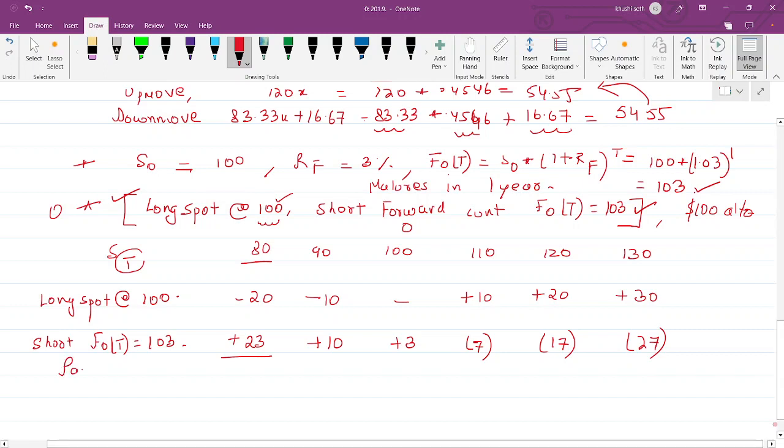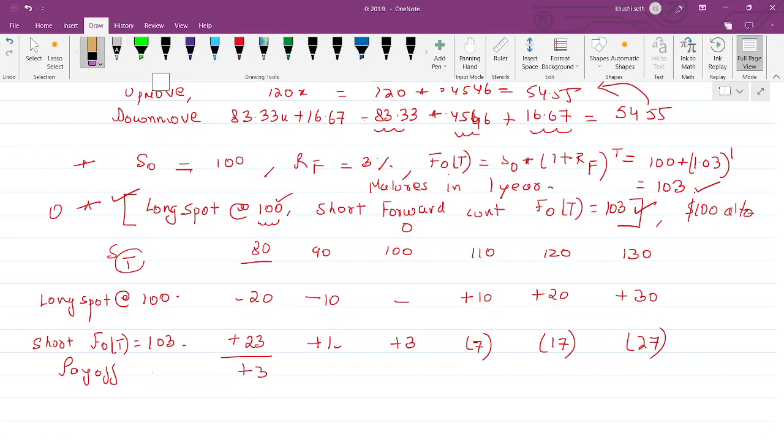So I'm going to calculate the net payoff for this portfolio. 103 minus 90 is going to be 30.